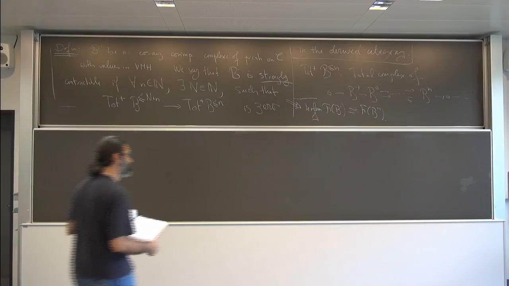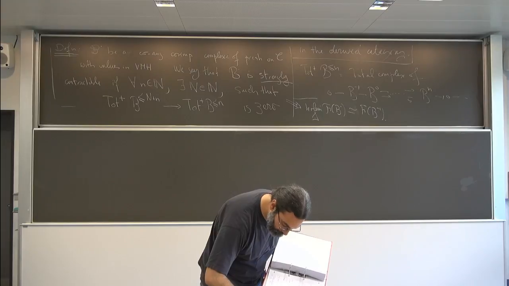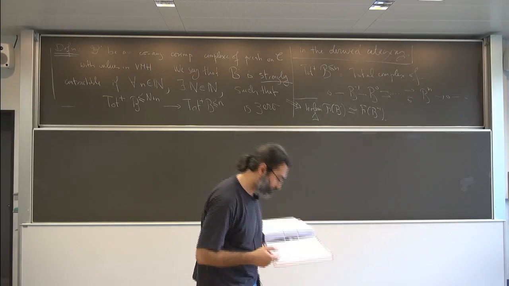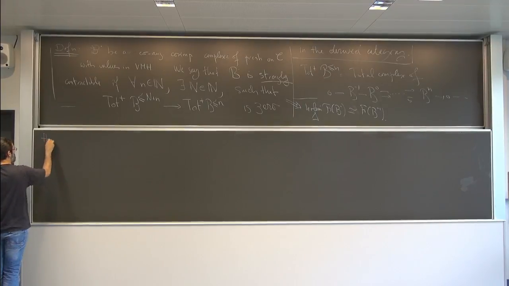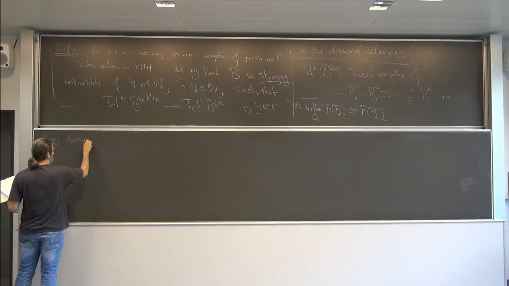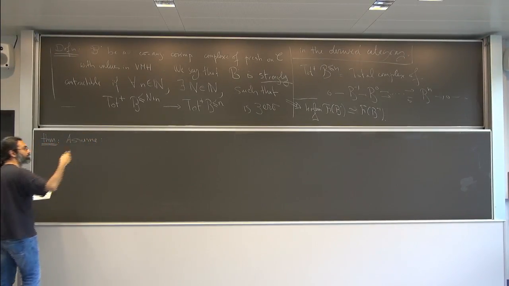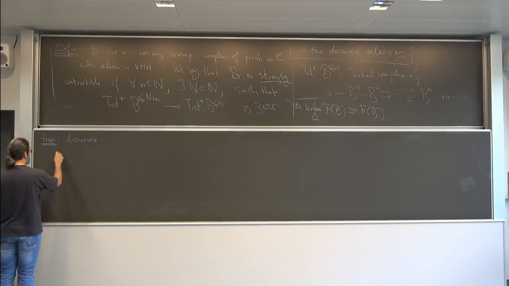So now I can state the main result in this paragraph. This is the following theorem. We assume the following conditions on this algebra A, this category C, and so on.